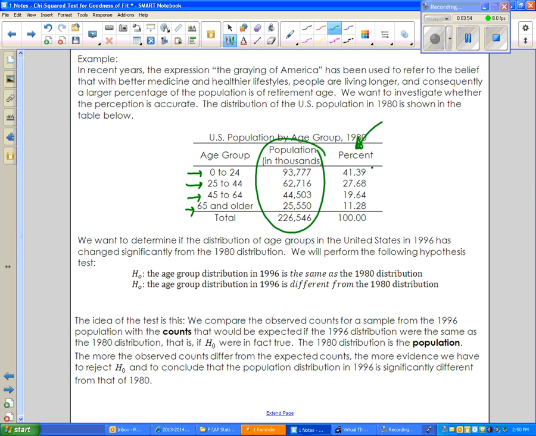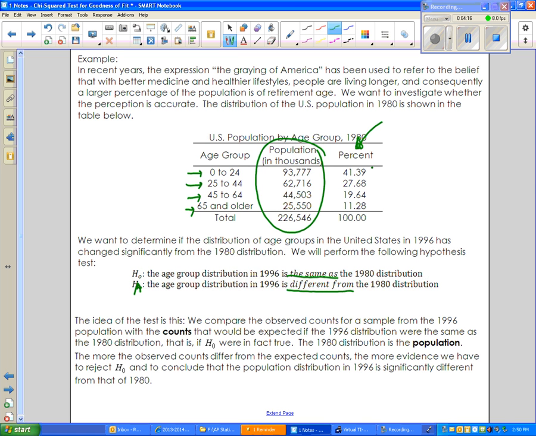So we're basically saying as our null hypothesis that the age group distribution in 1996 is the same as the 1980 distribution. And our alternative, and this should actually be the letter A, sorry. The alternative hypothesis then would just be that the group distribution in 1996 is different from the 1980 distribution.